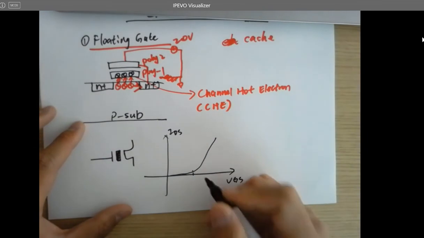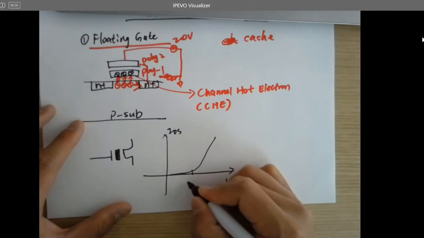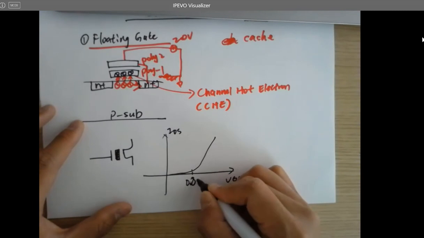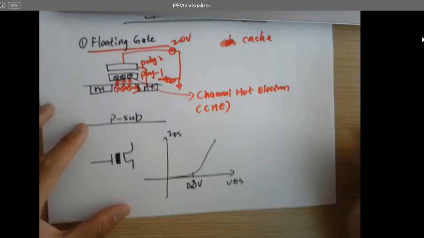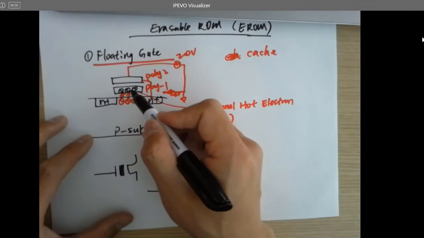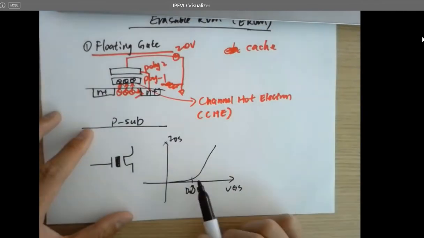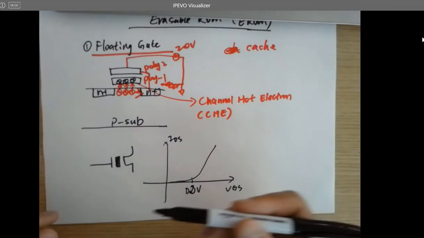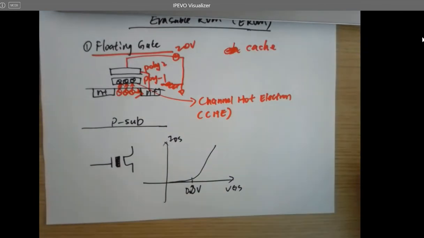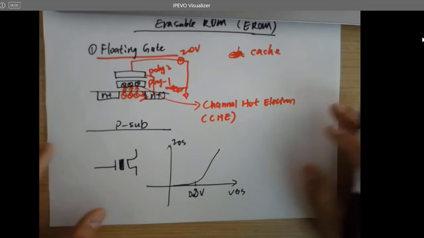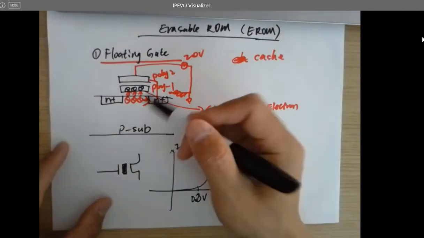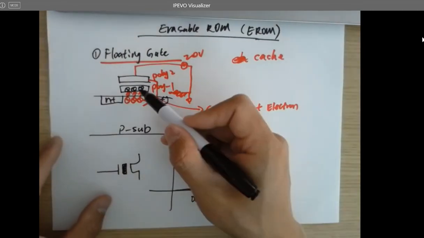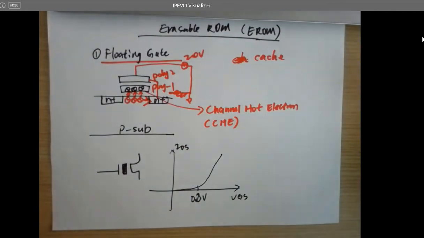For example, for the C5 technology, it is 0.8 volt. If some electrons are being trapped in here, are you expecting this curve to be shifted to the right or to the left? And why? Briefly, if you trap electrons here, are you increasing the threshold voltage or decreasing the threshold voltage? And why?